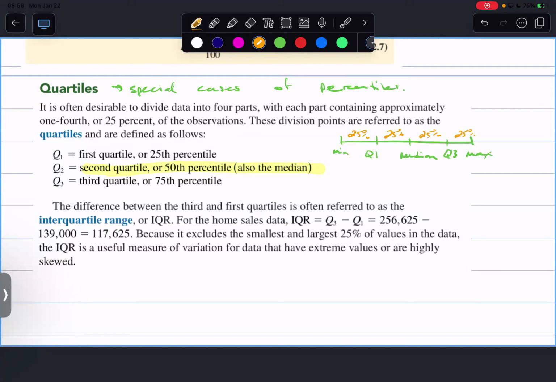So now what I do is I can lob off these outside quarters, and I can focus on this interquartile range. And that's going to be my measure of spread for a non-normal distribution, right? I've lobbed off those kind of outlier points, and now I'm just focusing on the range between Q1 and Q3.